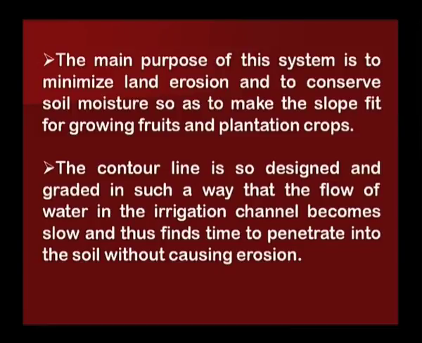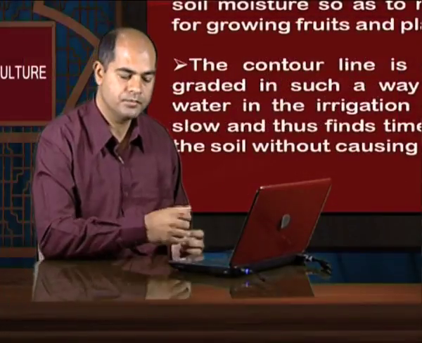The contour line is designed and graded in such a way that the flow of water in the irrigation channel becomes slow and thus finds time to penetrate into the soil without causing erosion.